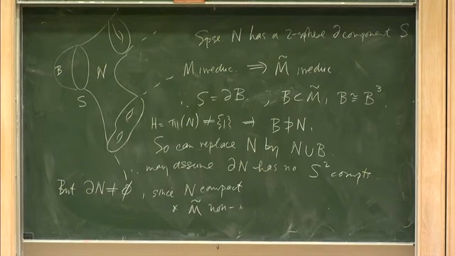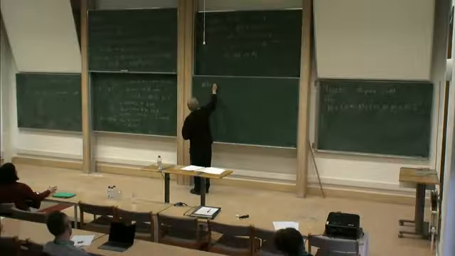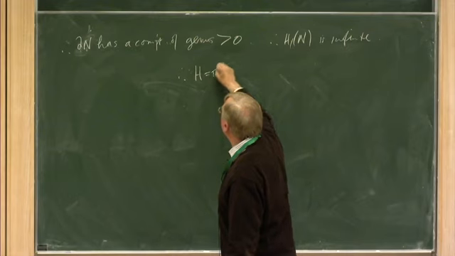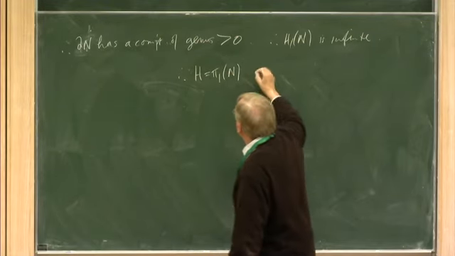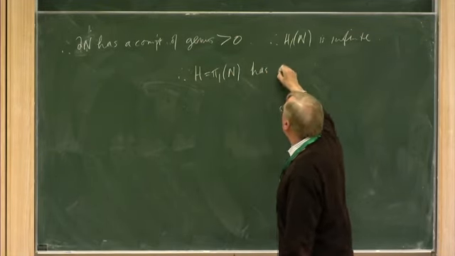So therefore boundary N has a component of genus greater than 0, and therefore the first homology of N is infinite, and therefore the usual argument maps onto Z, and so therefore H, which is pi 1 of N, has quotient Z.